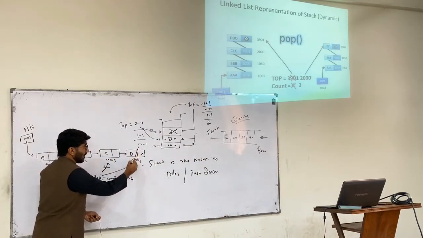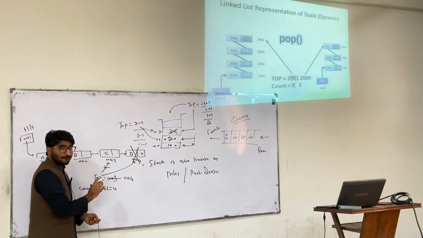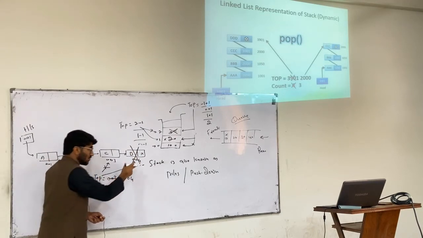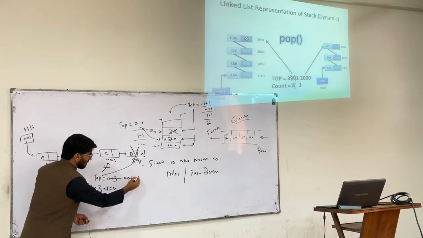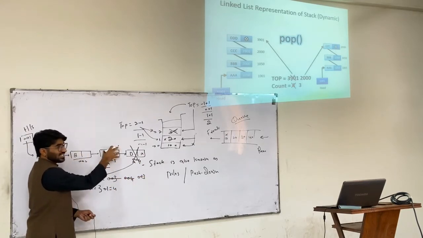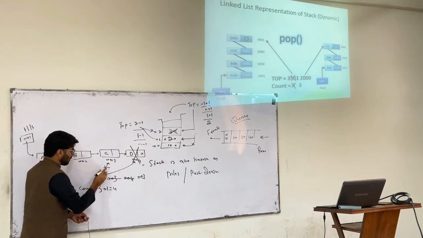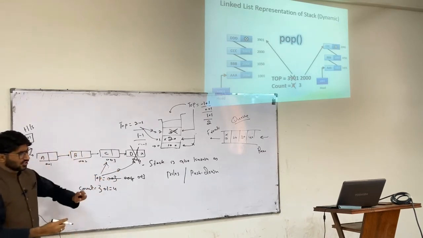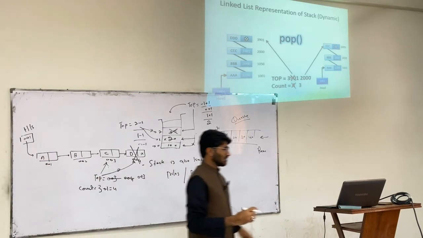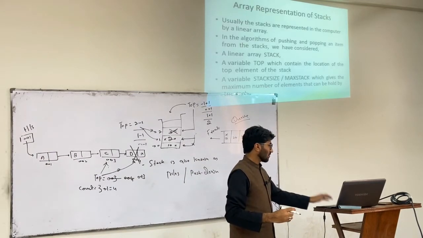So this node will be removed. After removing this node, your top will change. Now the top will become 003 because this is the top node. So your top will point again to this one. This is push and pop. I think this one is very easy.